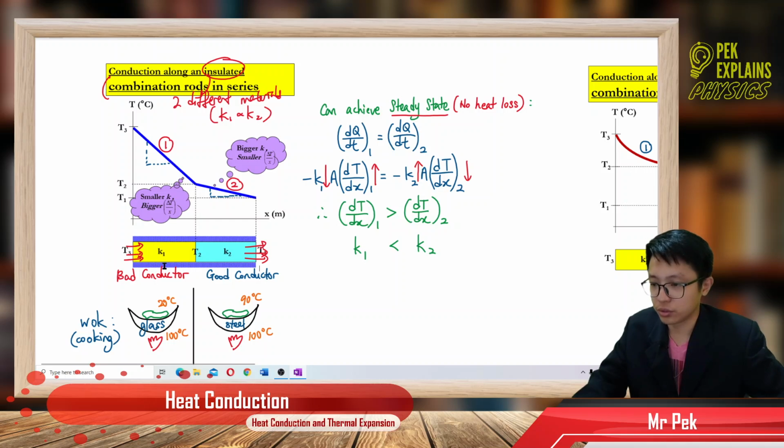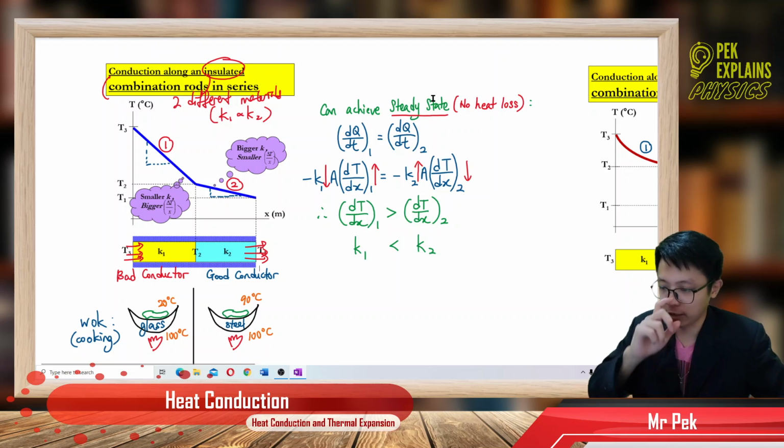So these insulated rods can achieve steady state. That means the rate of heat flow dQ/dt 1 is equal to the rate of heat flow dQ/dt 2. All the heat that passes through rod 1 will also pass through rod 2. They are equal.